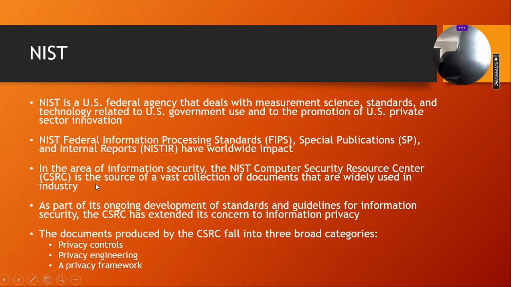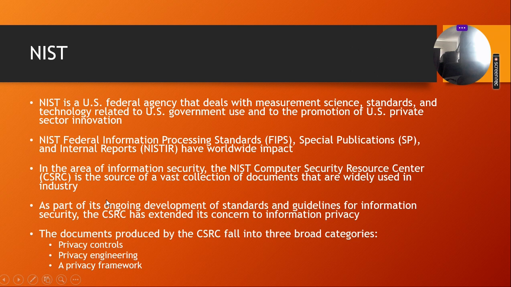This is a government agency that helps government and the innovations and incubations of things that are developing in the United States. So in the area of information security, the Computer Security Resource Center is the source of a vast collection of documents that are widely used in the industry. So they collect a lot of information that the industries are using. Whatever you are doing as a private innovator, the government has a regulatory body that is very aware of what you're doing.